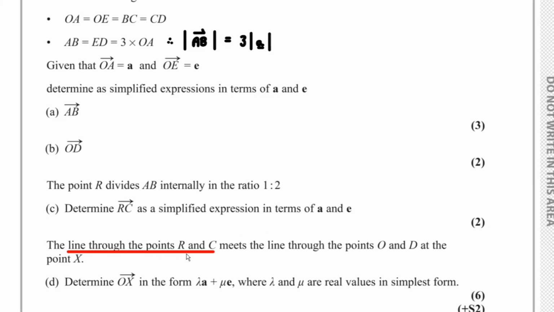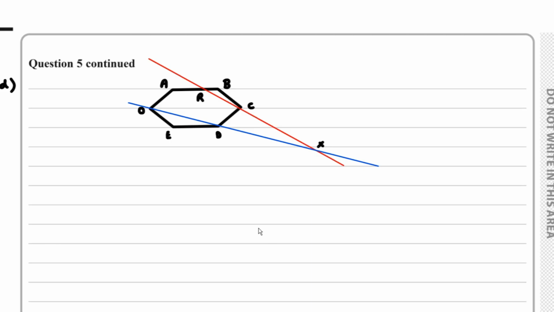The line through the points R and C meet the line through the points O and D at the point X. We have to determine the vector OX in the form lambda A plus mu E, where lambda and mu are real values in simplest form. Let's begin by showing that on a diagram.